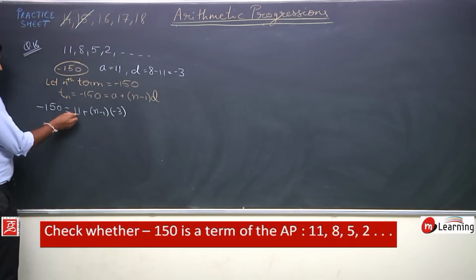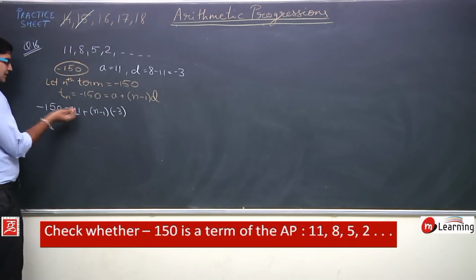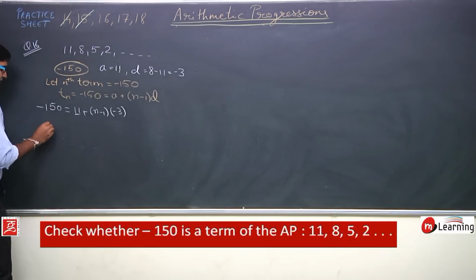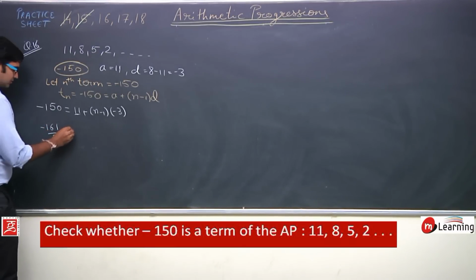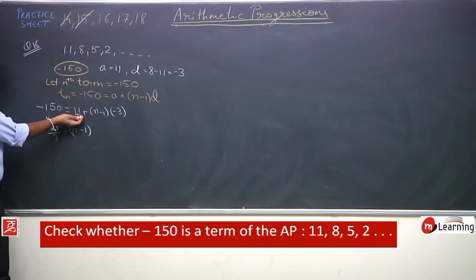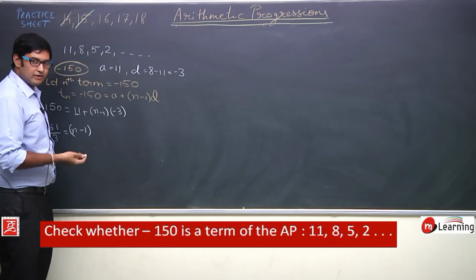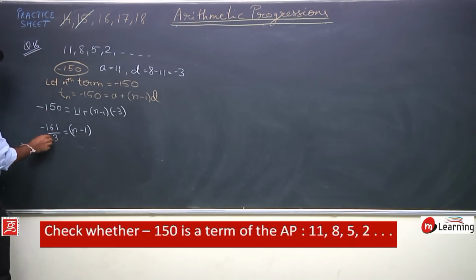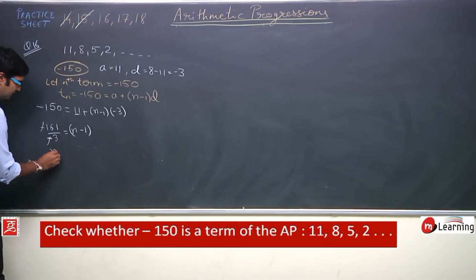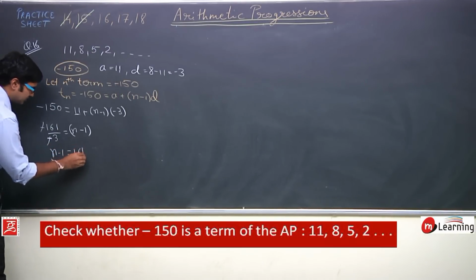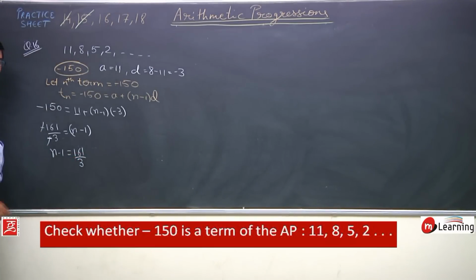Okay, so let us take this 11 from RHS to LHS, it will become minus 11, and minus 11 minus 150 is minus 161, divided by minus 3 is equal to n minus 1. So what you can see, this minus minus will get cancelled out, and n minus 1 is equal to 161 upon 3.